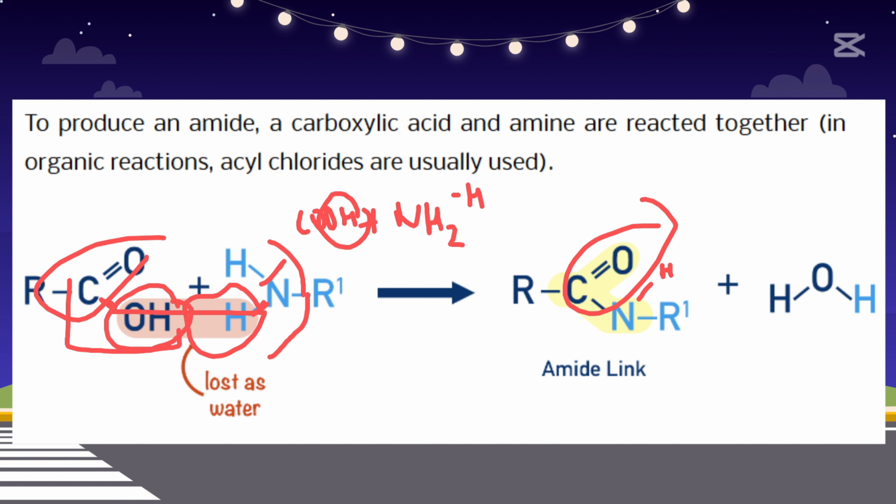Now, when you look at it this way, notice that R groups are attached along the ends. Looking at our amide linkage, we have an R group here and another R group here. So how are we going to be able to make a polymer if we have R groups on the ends? In order to make the polymer, we need other functional groups besides the alkyl groups on the ends.